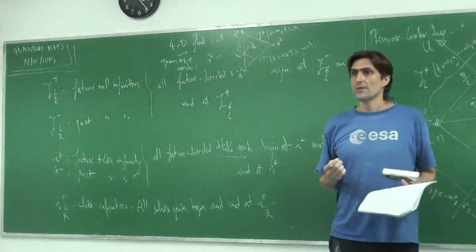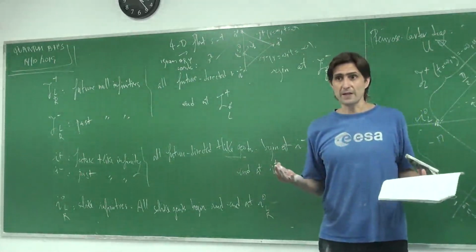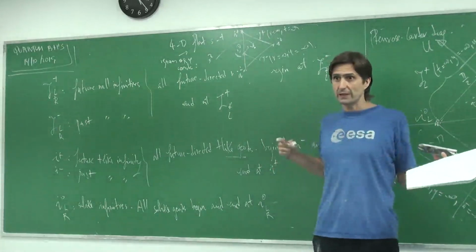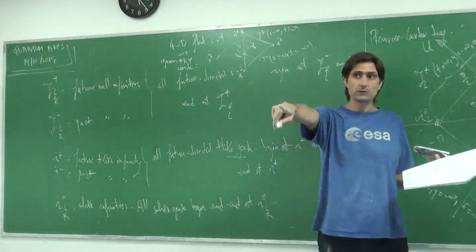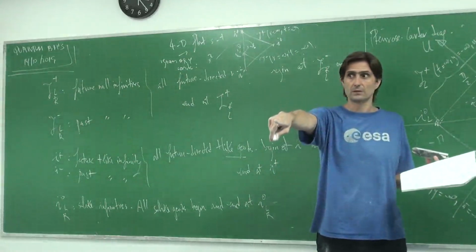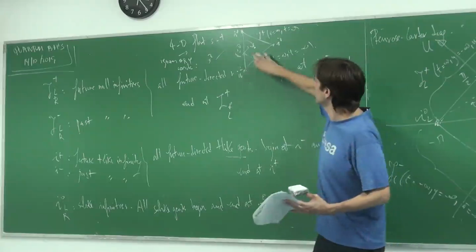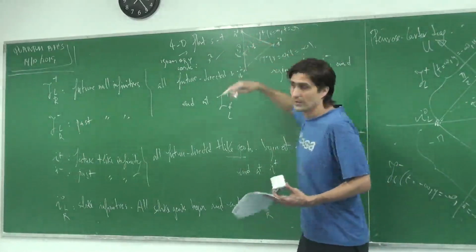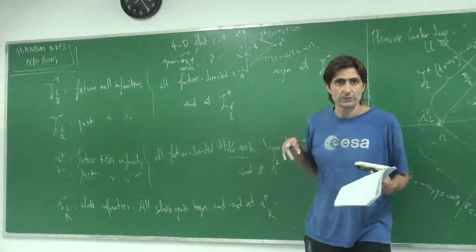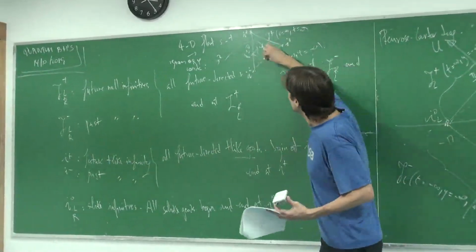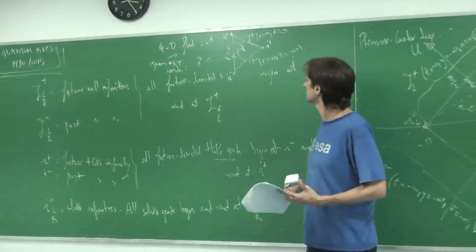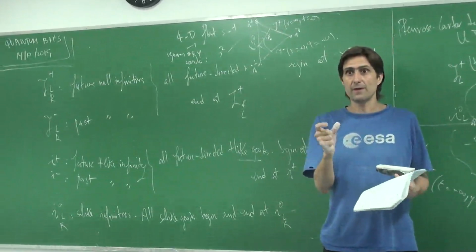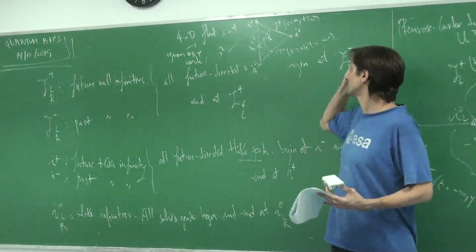Note that you could have a null geodesic in 4D flat space-time that is a straight line and does not go through r equals 0. In that case it does this, because the theta and phi coordinates are changing.